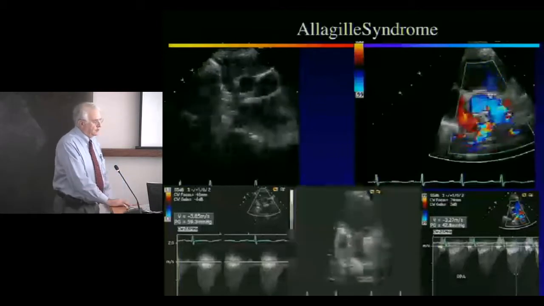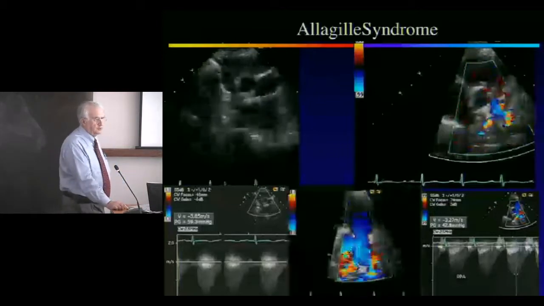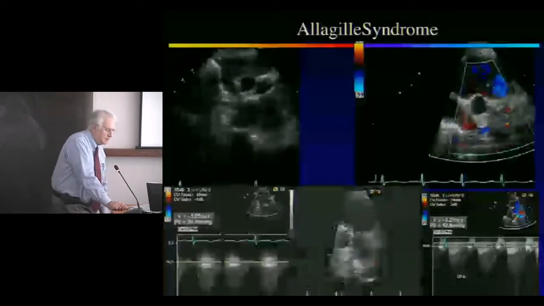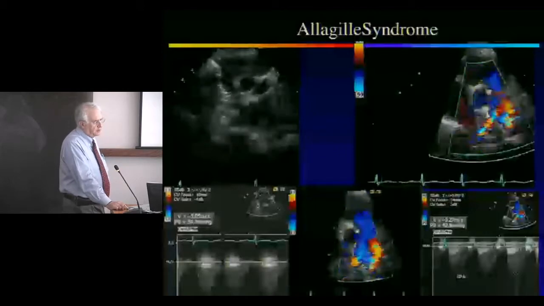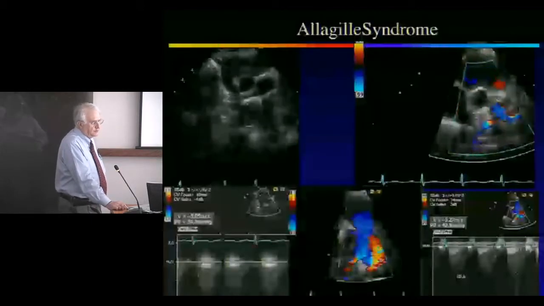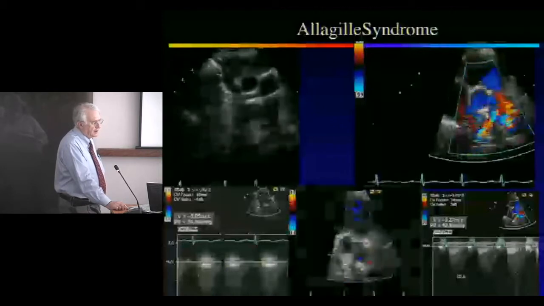Another condition where you see this besides Williams syndrome is Alagille syndrome, which has hepatic biliary problems as well as branch pulmonary artery stenosis, peculiar facies, named after Professor Alain Alagille from Paris.